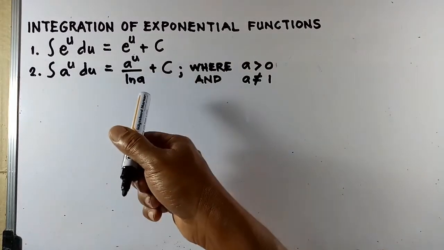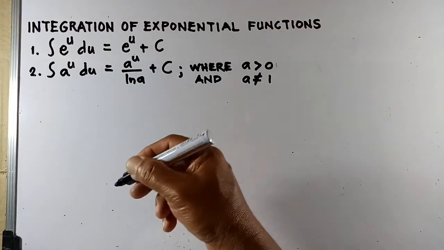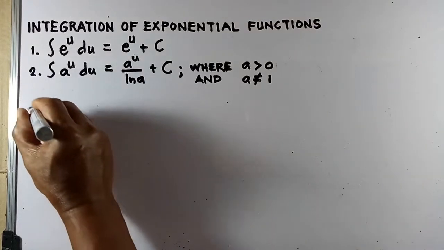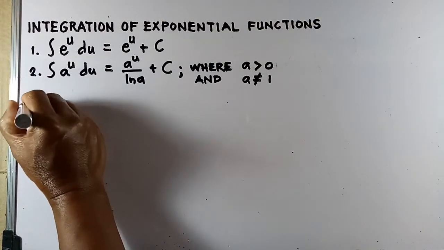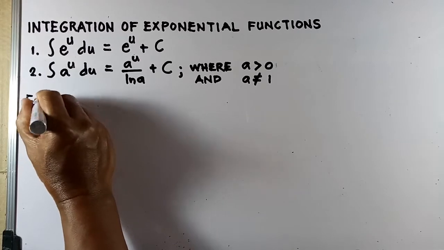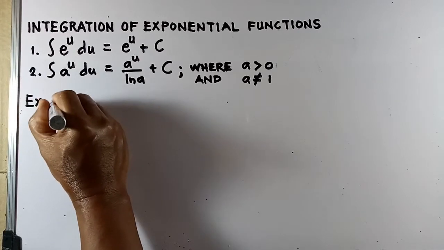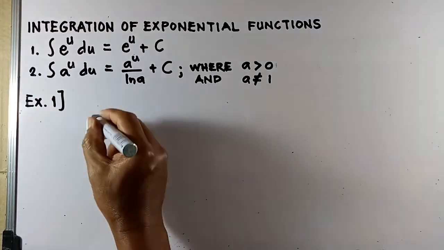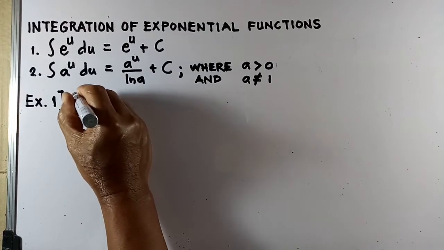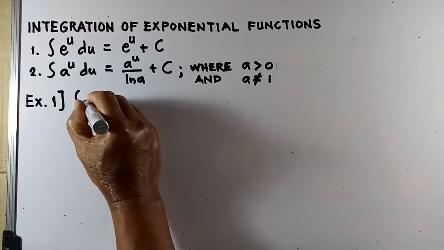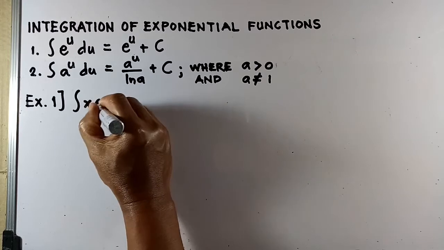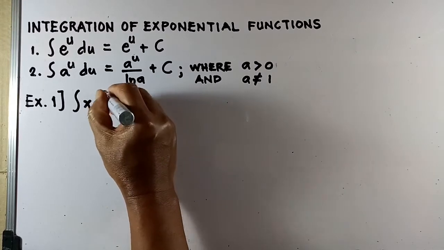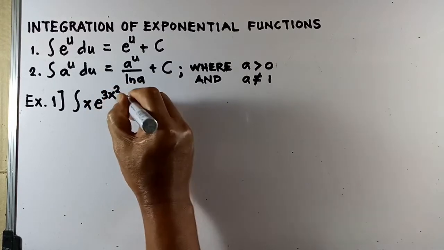Okay, so paano gamitin yung mga formula na ito? So, let us have example. So, example number 1. Let us say, meron tayong integral of x e raised to 3x squared dx.